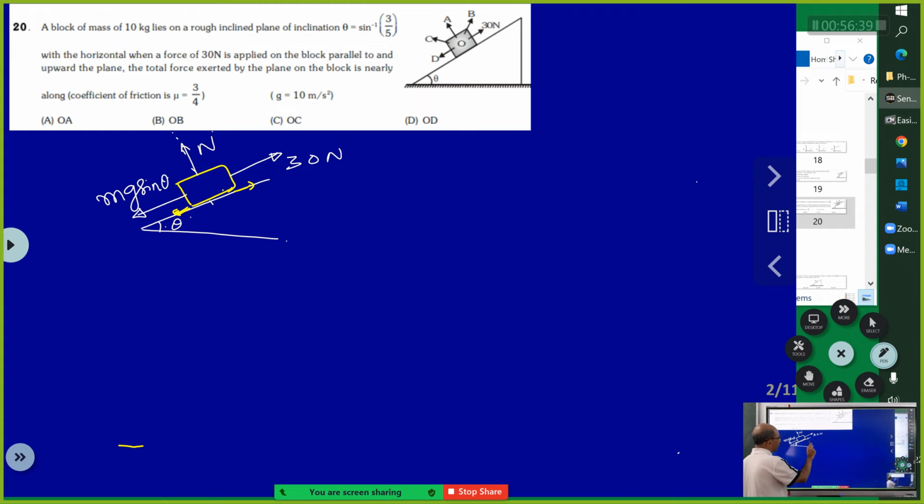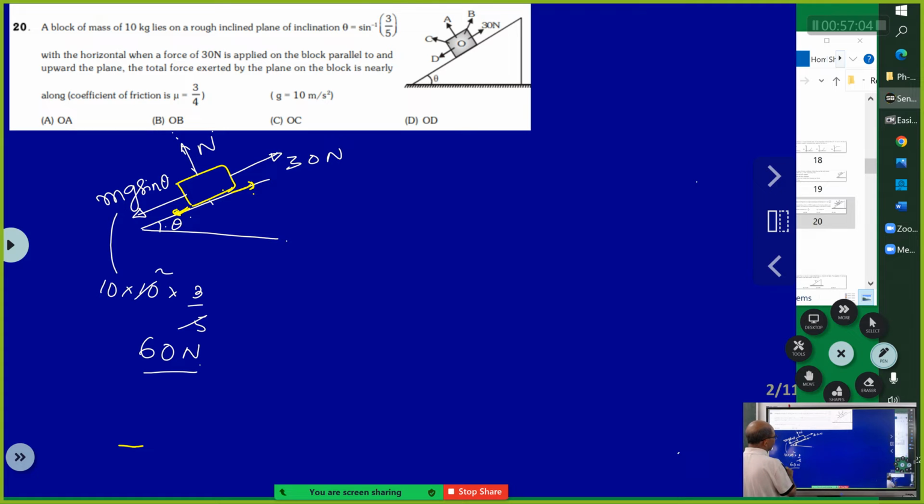But if the block is moving down, then this is the friction, and that is something you have to find. It's very simple. You calculate this mg: m is 10, g is 10, and sine theta, they have told, is 3 by 5. So 6, this is 60 newtons.